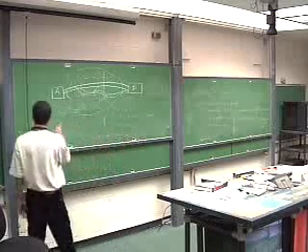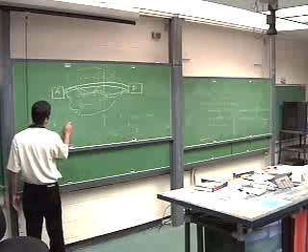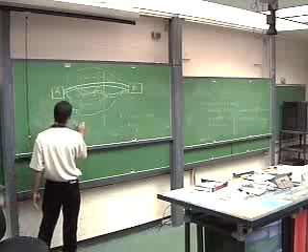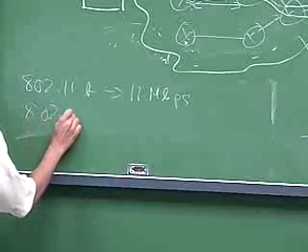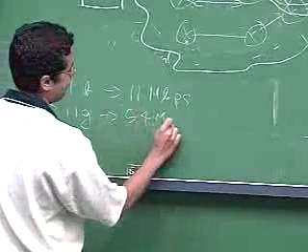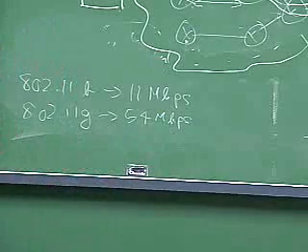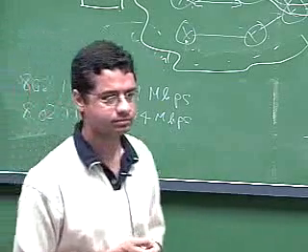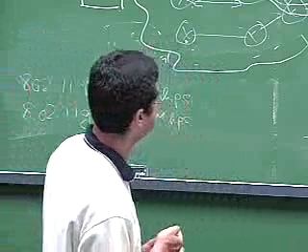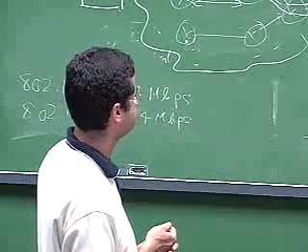So 802.11b can transmit at 11 megabits per second, whereas, yeah, sorry.